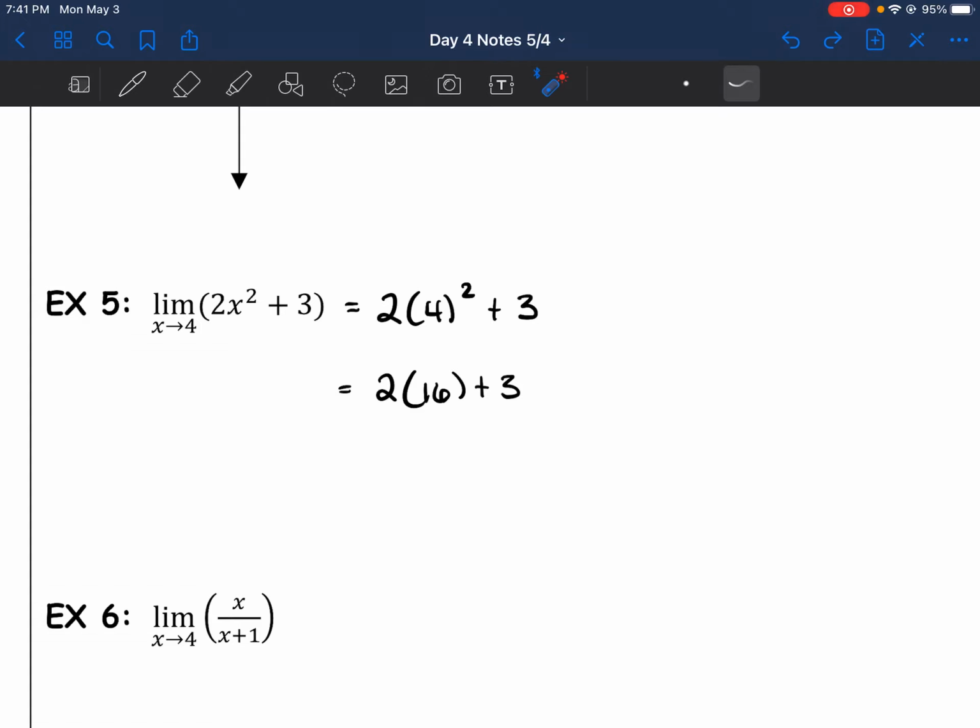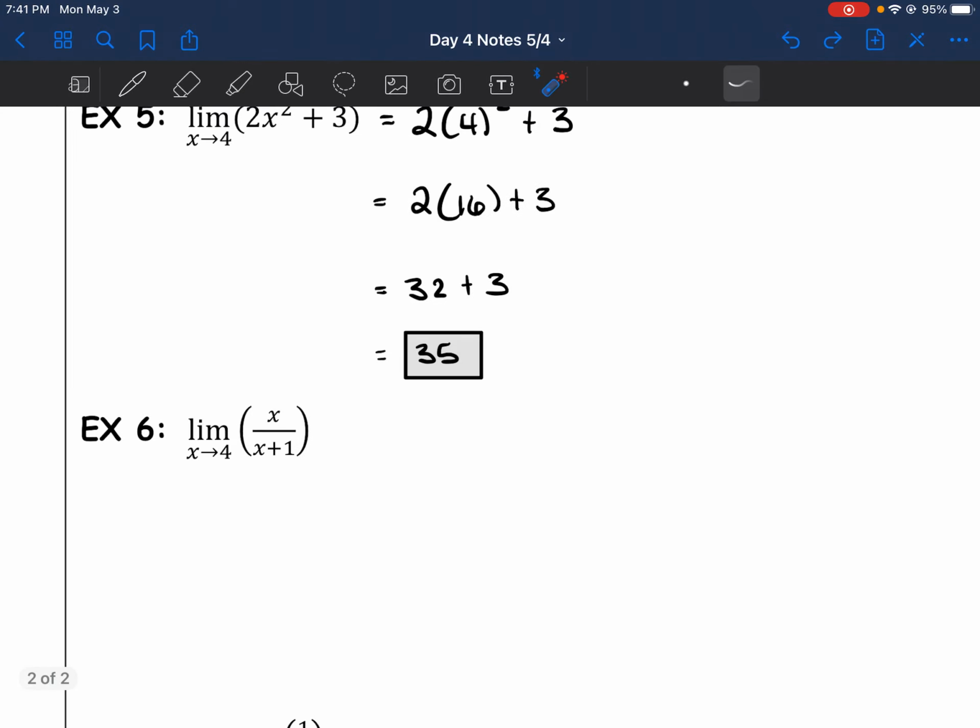Then 2 times 16 is 32. 32 plus 3 is going to give us 35. So the limit as x approaches 4 of 2x squared plus 3 is equal to 35. Again, we had this function, and we just plugged in what x was approaching into the function, and we got our limit, okay?